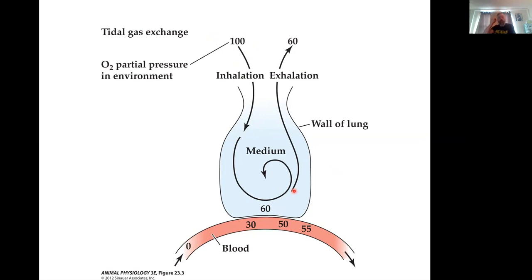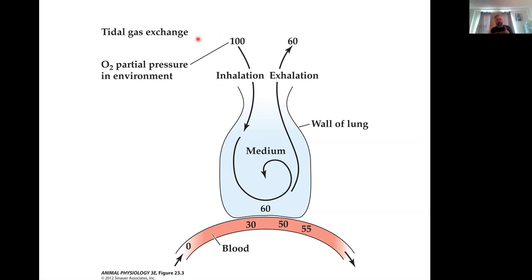And that becomes important for us because it's this partial pressure, not this one, but this partial pressure that governs how much oxygen we can push into our blood, right? And if we're only at 60%, that means we can only have a blood concentration of somewhere around 60% at best of atmospheric air.